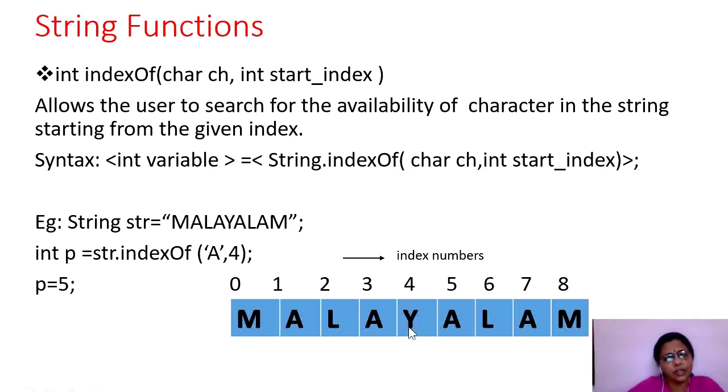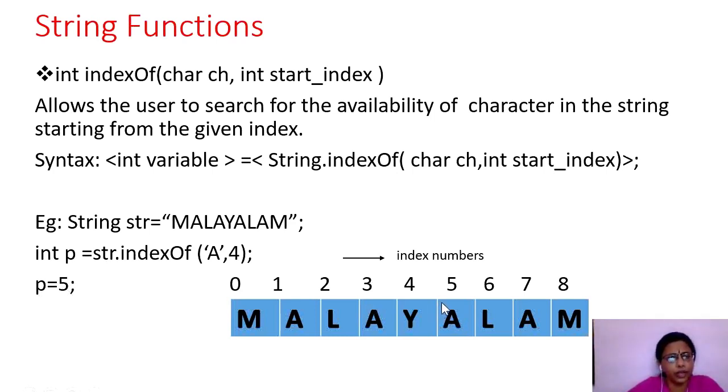Whatever letter it be, the compiler will get positioned at index number 4 and from this position it keeps on seeking for the character A. Now when I seek from this position, where is my first availability of capital A? At position number 5. So my return value will be 5.